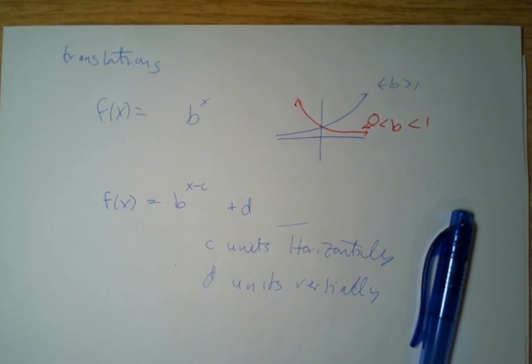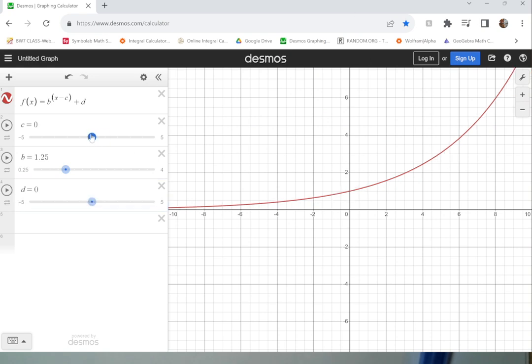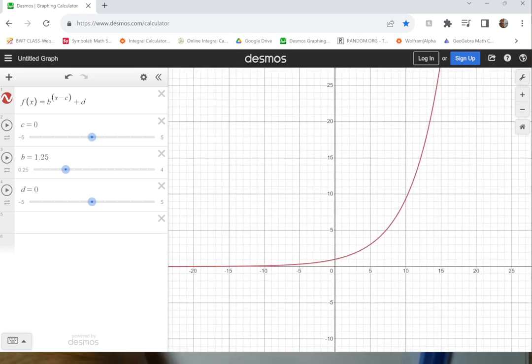Let's do this real quick. Okay, all right, so there we go. So we have our exponential here. All right, so here we have our general exponential that looks like this. Let me zoom out a little bit just so you get a general idea.